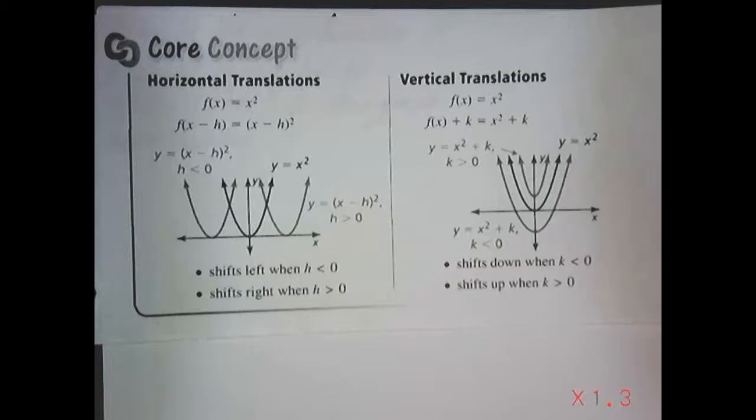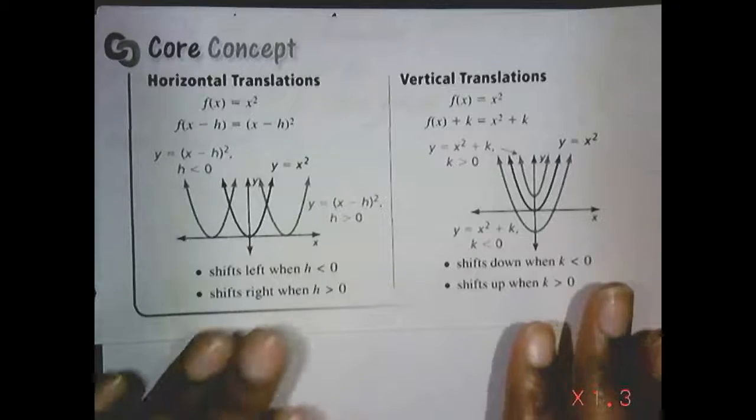Before we jump into example number 1, I wanted to point out some things just as a reminder. Anytime we are given a quadratic function, we can describe it based on the vertical and the horizontal translations and how it affects the graph.